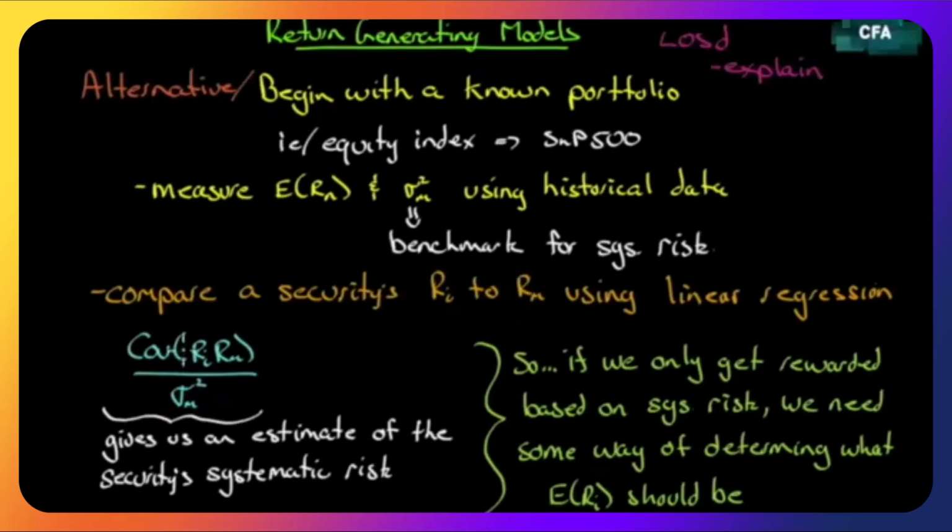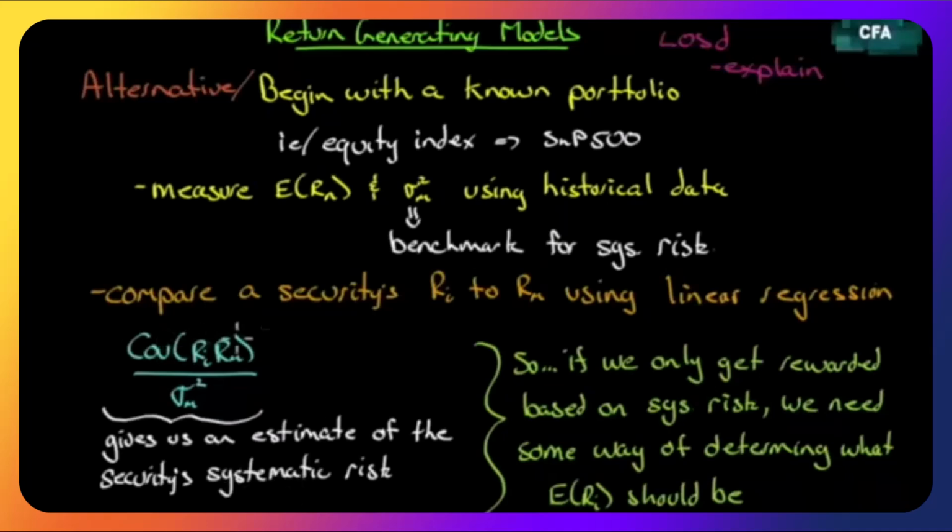So what we're looking for here is the covariance between the two divided by the variance of the market portfolio. This gives us an estimate of the security's systematic risk.